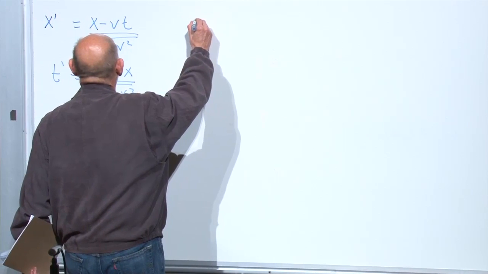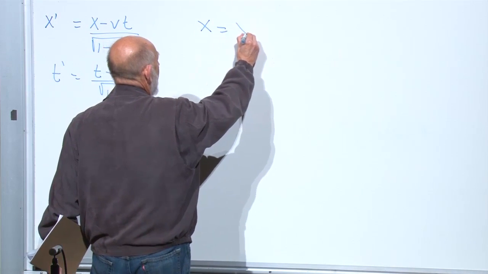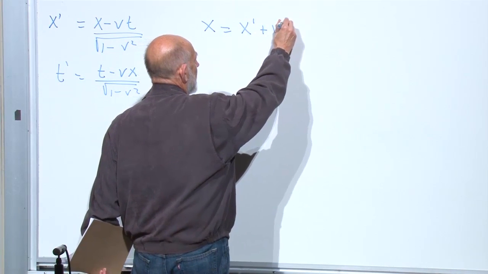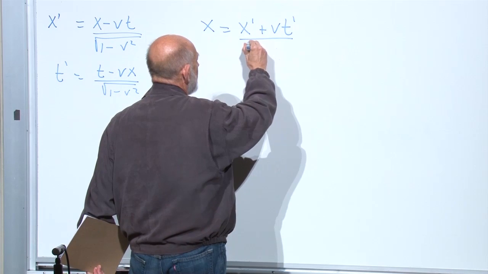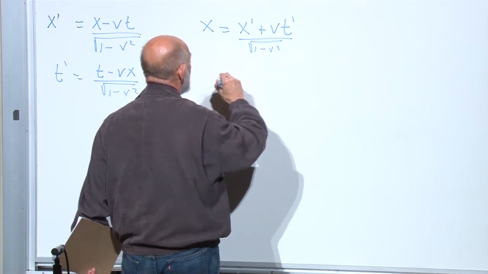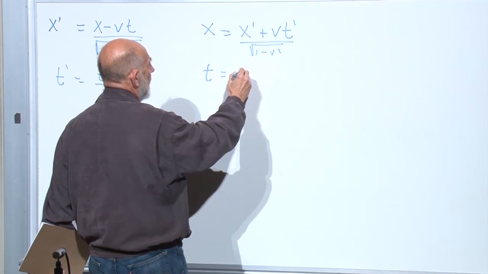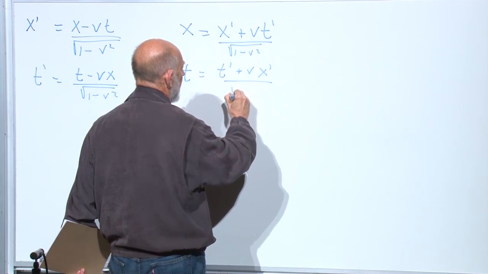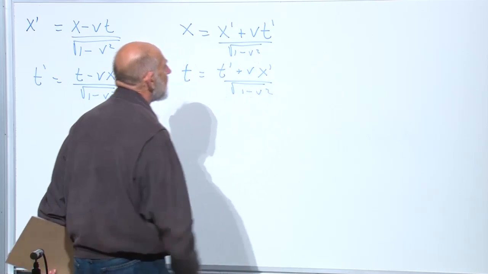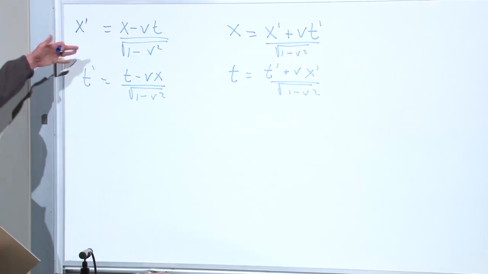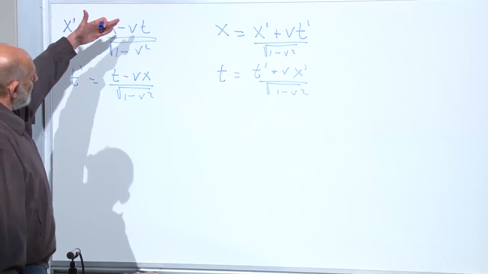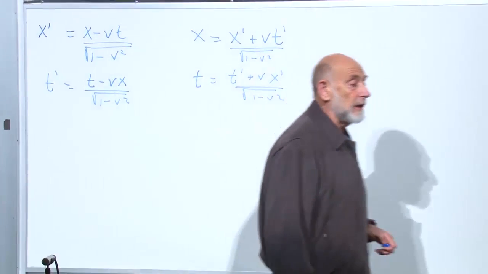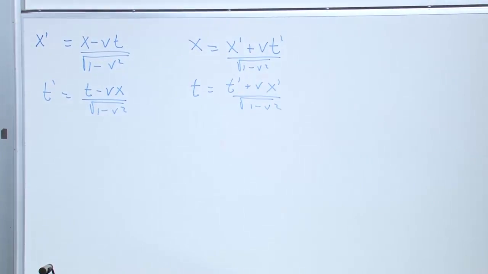It would be x equals x prime plus vt prime divided by that same square root, and t equals t prime plus vx prime divided by the square root of 1 minus v squared. The only asymmetry is where you saw a velocity over here, you change the sign of the velocity just to account for the fact that the relative velocities are in opposite directions.